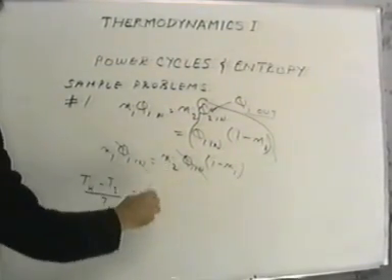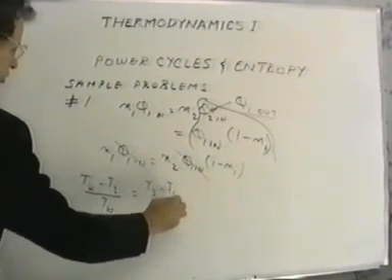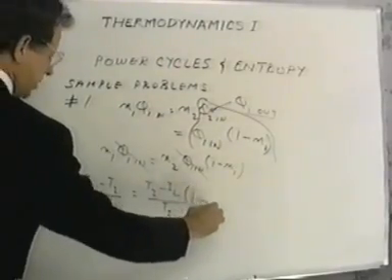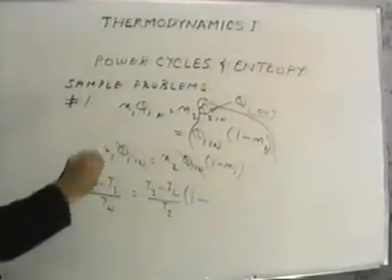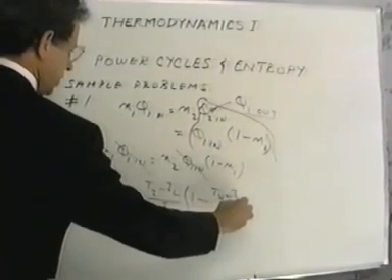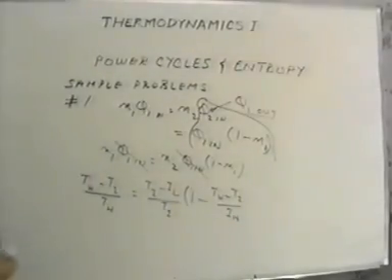This is equal to eta sub 2, which is T sub I minus T low divided by T sub I, times 1 minus eta sub 1, the same eta 1 we have over here, which will give us T_H minus T sub I divided by T sub H.